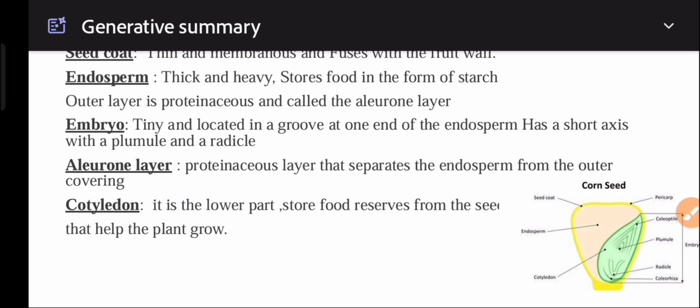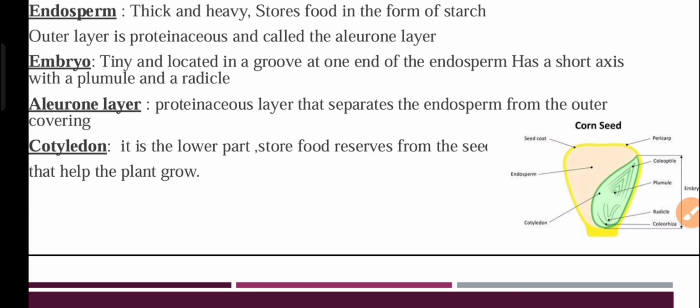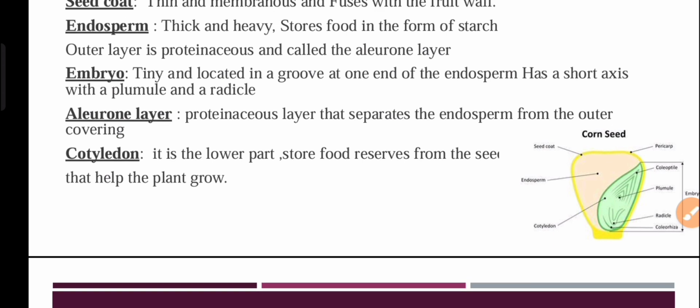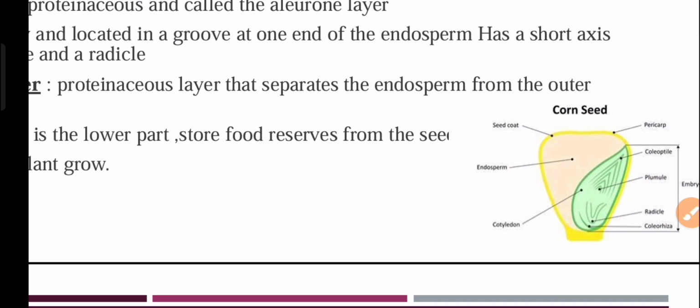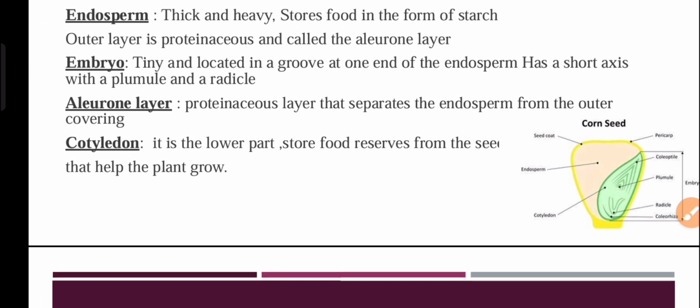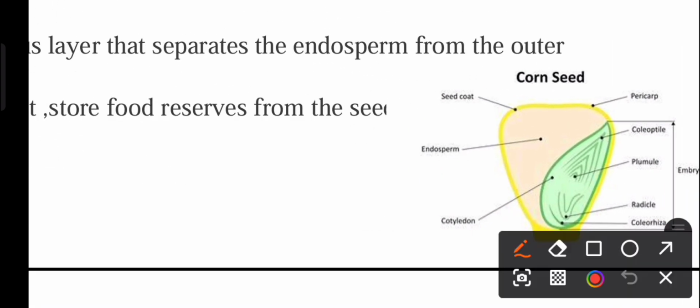And then the next one is the embryo. It is thin and located in a groove at one end of the endosperm, and has a short axis with plumule and radicle. See, this is the embryo.